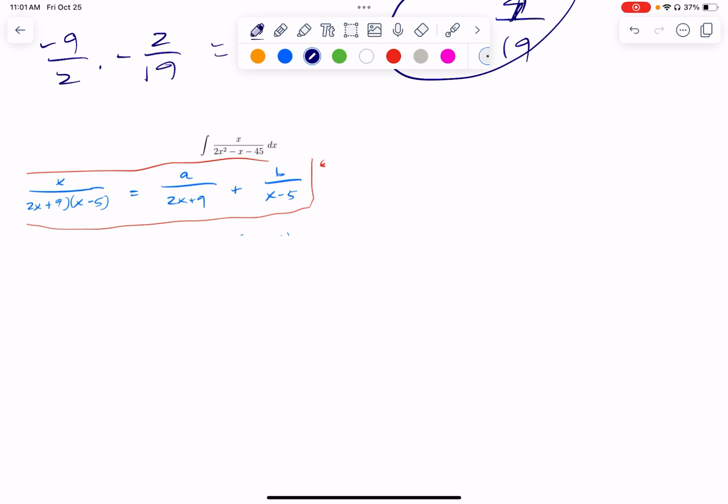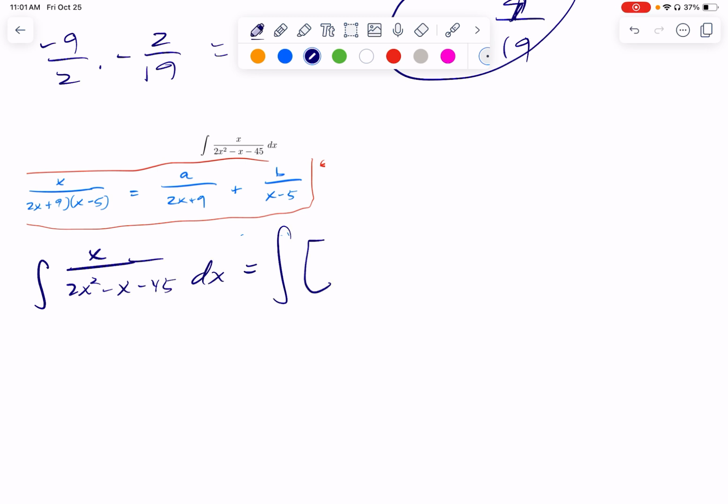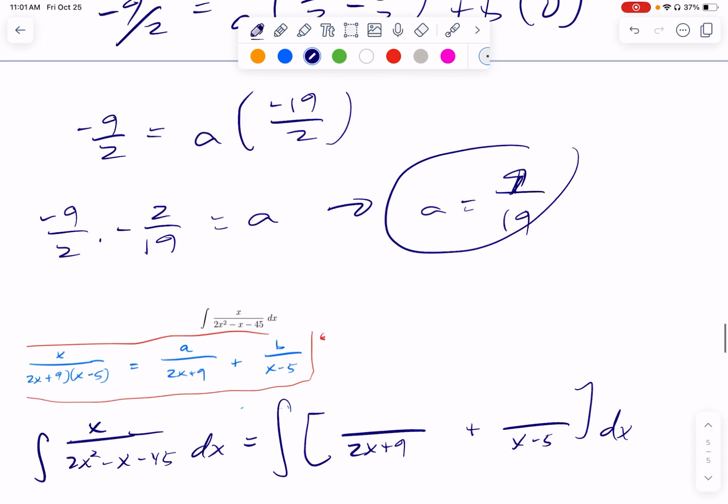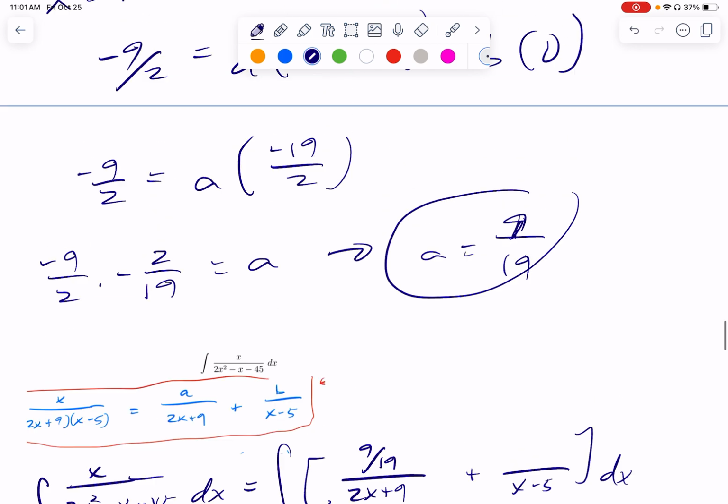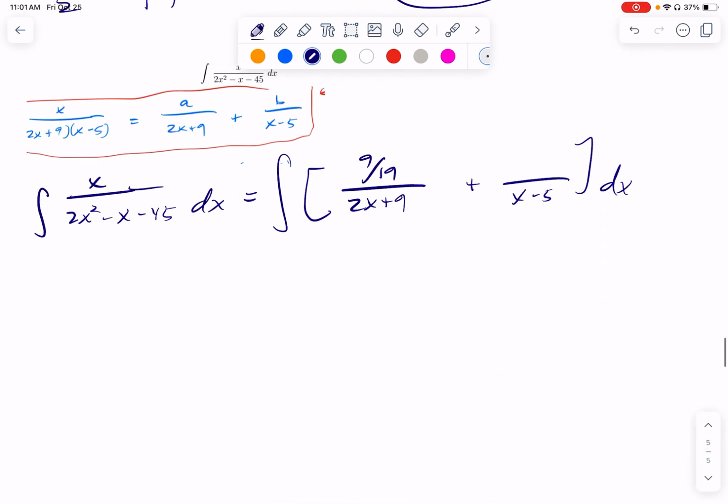So what we can now say is this integral we were trying to do is actually the same as a over 2x plus 9 plus b over x minus 5. And I will double check that my value for a was 9/19 and my value for b was 5/19.